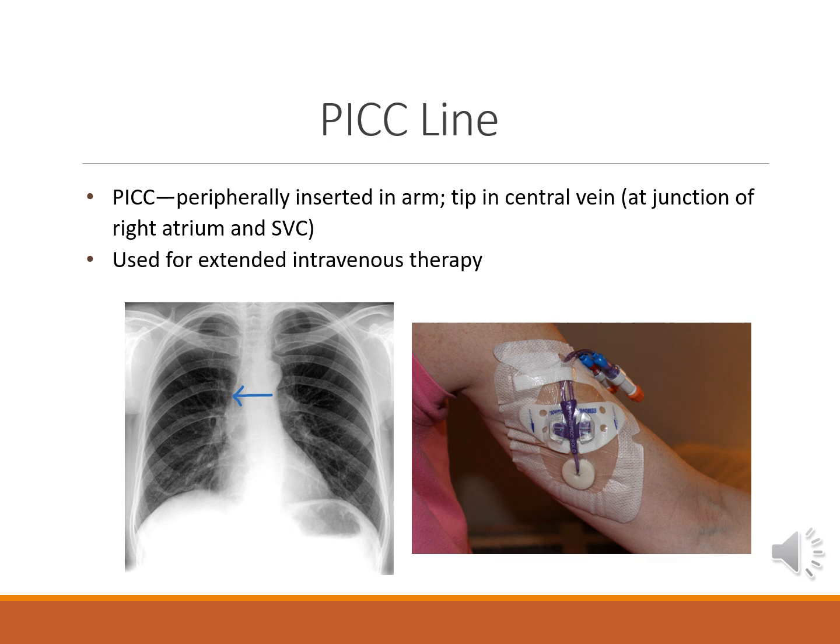PICC is an abbreviation for peripherally inserted central catheter, and they are usually inserted in a vein in the arm and enter at the junction of the right atrium and superior vena cava, and they're used for extended intravenous therapy. It is used for medication administration as well as nutrient delivery and is less invasive than central line usage.